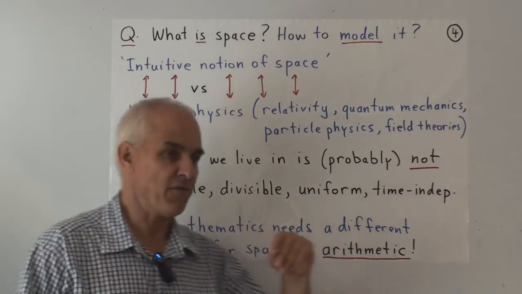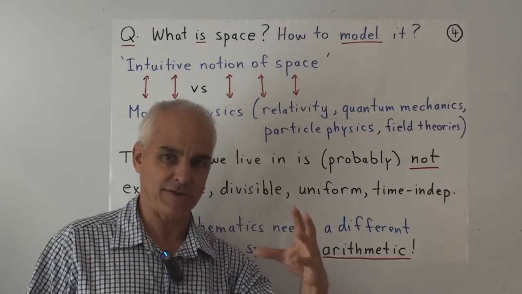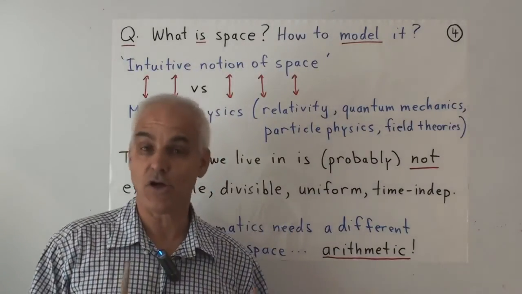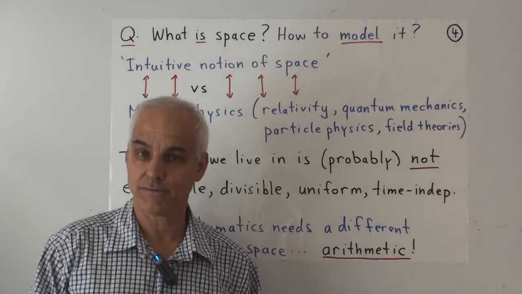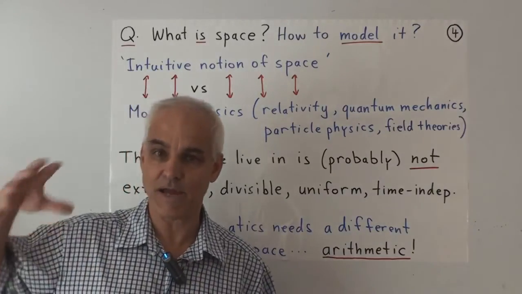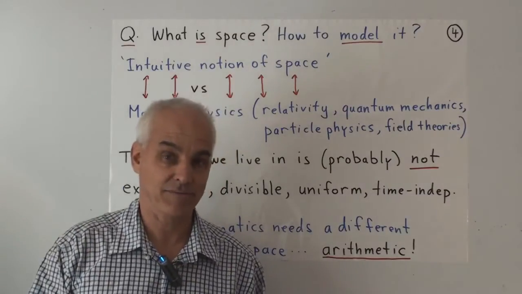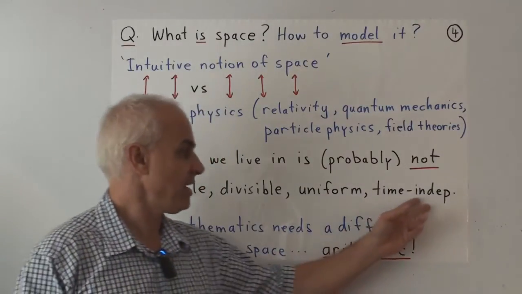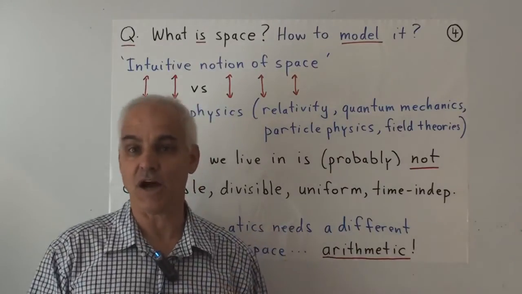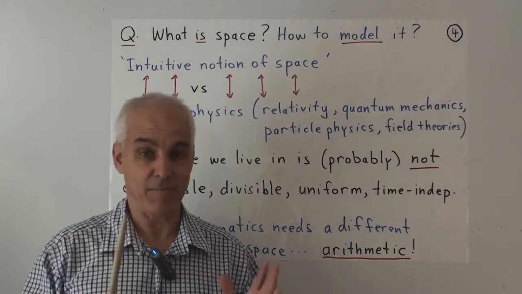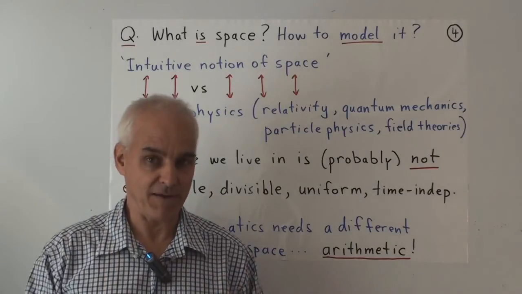You might think that it's uniform, that what space looks like here and what space looks like there is pretty well the same. That's also not very clear. In fact, it's wrong. It depends on the masses which are around that curve space. And the idea that space is somehow independent of time has also been laid to rest by modern physics. So it's much more complicated than we might think.